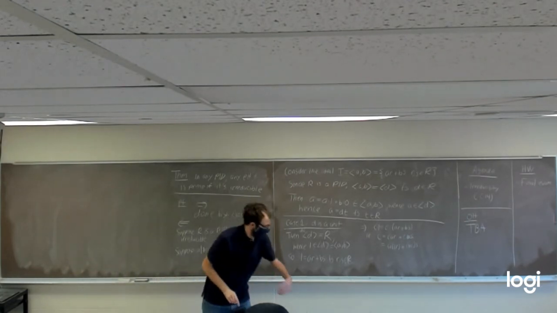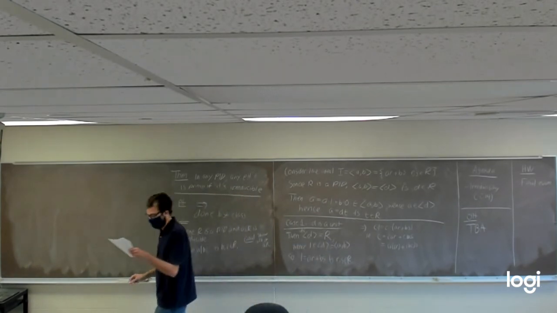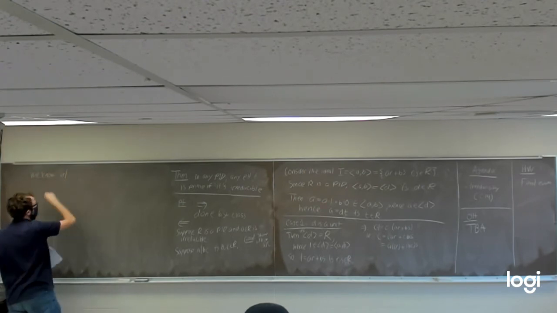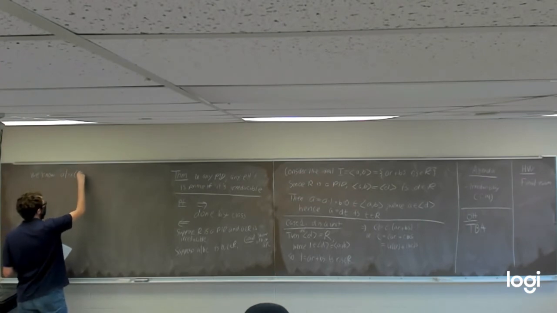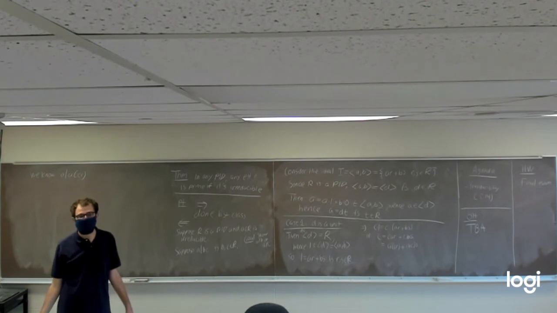Why am I choosing to write it this way? That C is equal to A times CR plus BC times S. Well, the reason is we know that A divides the first term in the sum, A times CR. That's because A times CR is equal to A times CR.